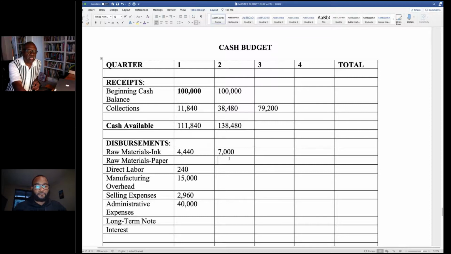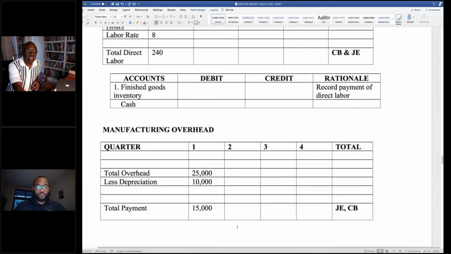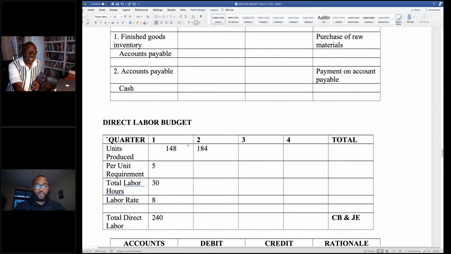Now, let's see if we can do direct labor. 184, per unit requirement is still 5. So what's 184 divided by 5? 36. So we've got to work 36 hours.